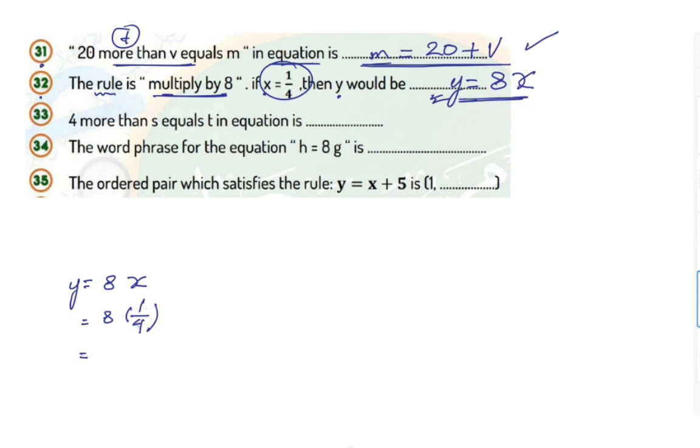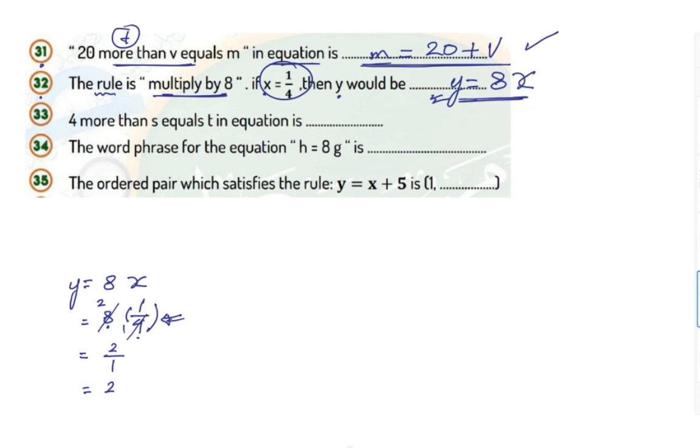I can simplify the 8 in the numerator with the 4 in the denominator. I can divide each by 4. 8/4 equals 2, 4/4 equals 1. So I have 2 times 1, equals 2/1, that's equal to 2.